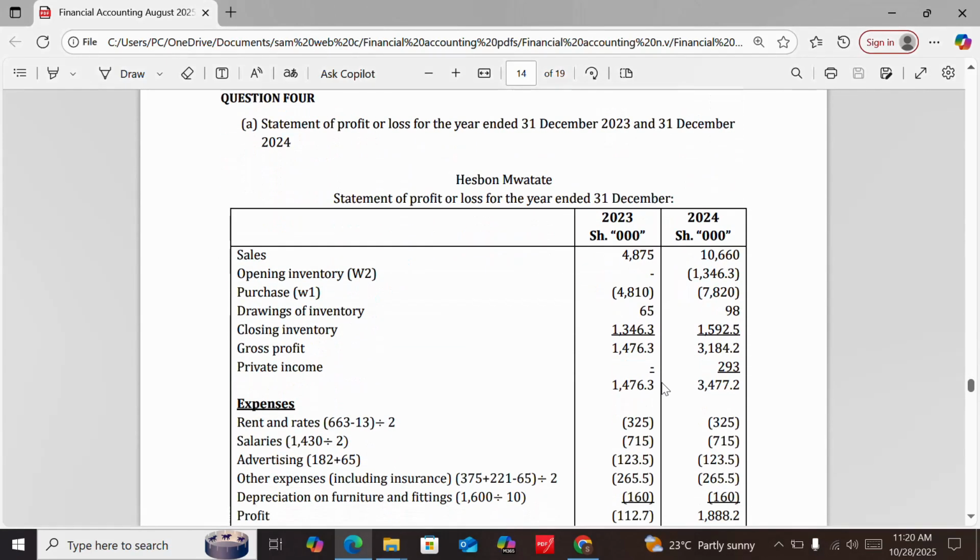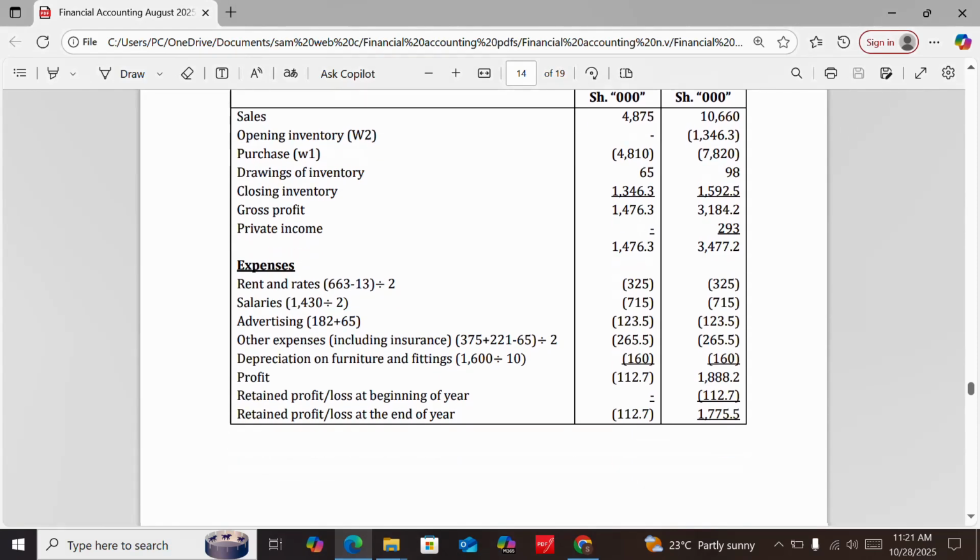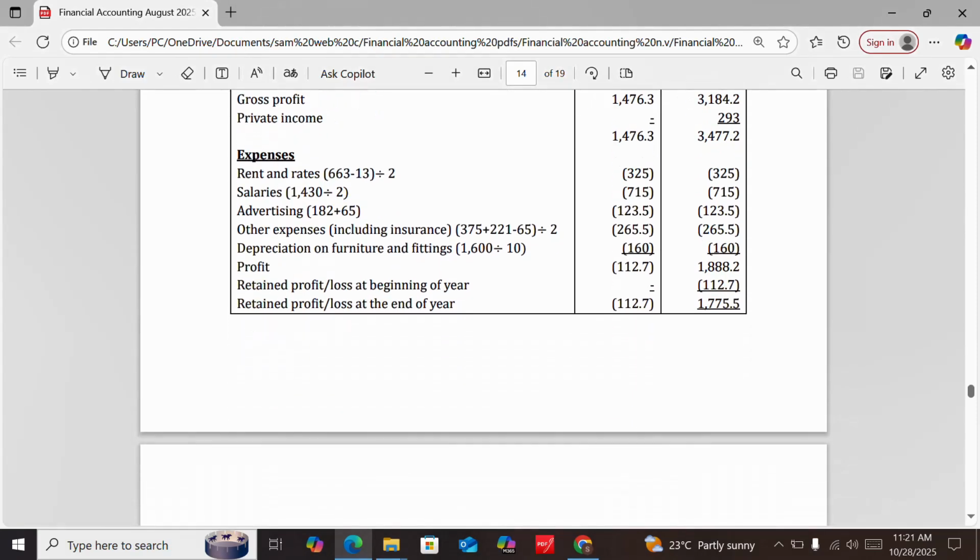Hesbon Mwatate, statement of profit or loss for the years ended 31st December 2023 and 2024. We have the sales, then we have the opening inventory in working 2, purchases, drawings, then the expenses are divided by 2 to get the expenses for 2023 and 2024 because we were told that the expenses incurred in both years were equal.